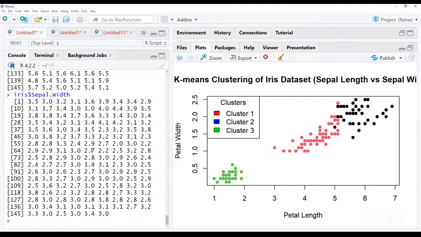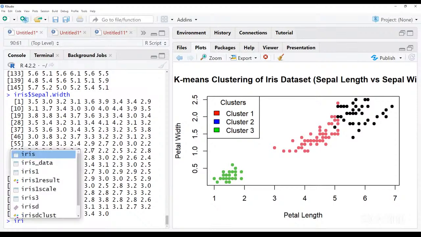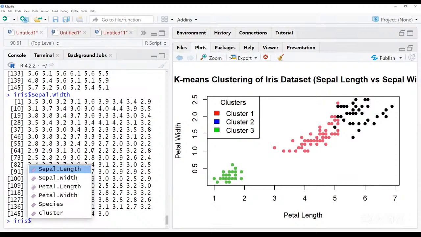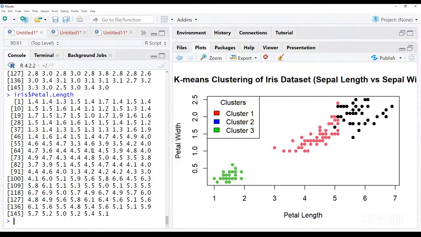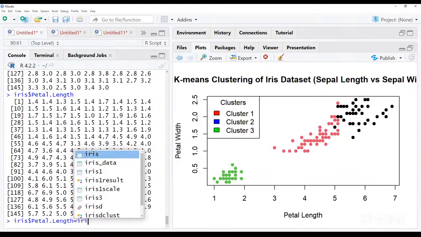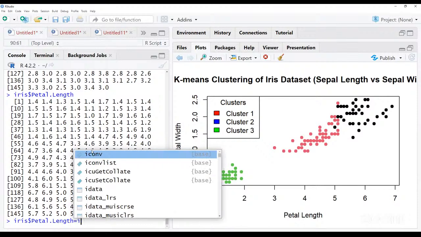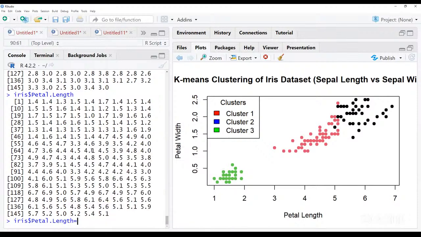So Farah, you write down iris dollar petal length, double equal to 3.